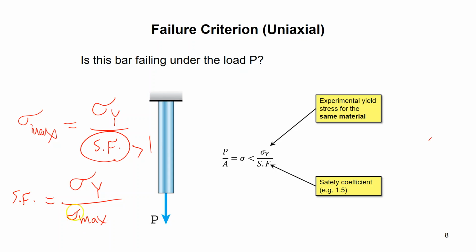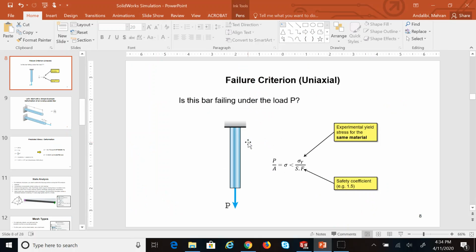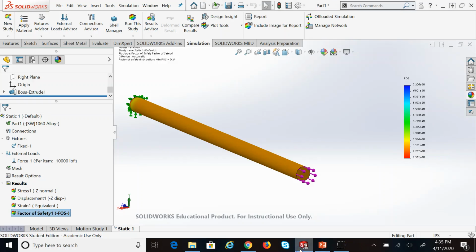And now how do I calculate this maximum stress? Based on which criterion? Is it von Mises? Is it principal? Is it a simple normal stress? So that's what SolidWorks asks you, which one, or do you want me to automatically do it? But you have to make sure this is bigger than 1. Anytime it's less than 1, between 0 and 1, that means failure. Okay, so bigger than 1 means it's not going to fail. Now, whether that's good enough depends on the application, but definitely less than 1 means danger.